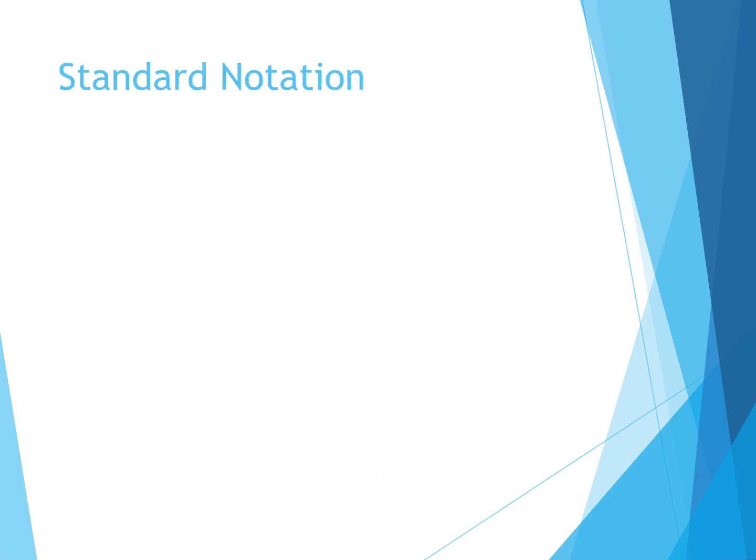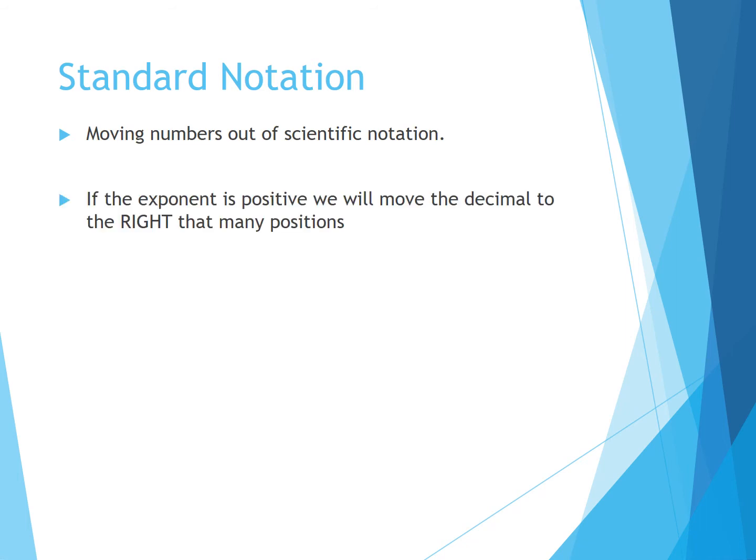Standard notation. So this is when we're moving numbers out of scientific notation. The exponent is positive, we will move the decimal point to the right. So positive to the right. Looks like this. So 6.3 times 10 to the 5th. Notice that guy is positive.